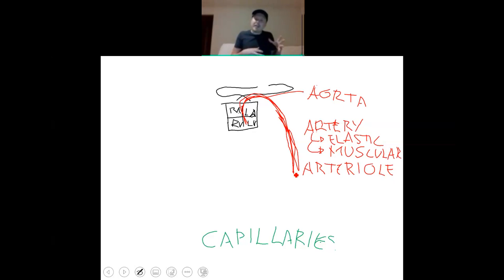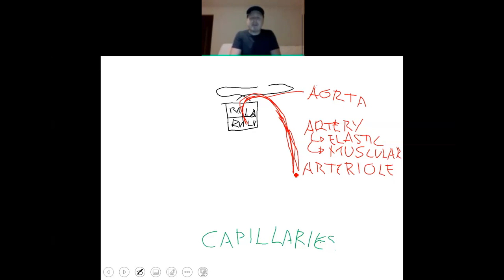But what we notice is that arteries are much more elastic in their structure. They're much more adaptable in terms of controlling and making sure that the pressure is high on the artery side of the circulation.